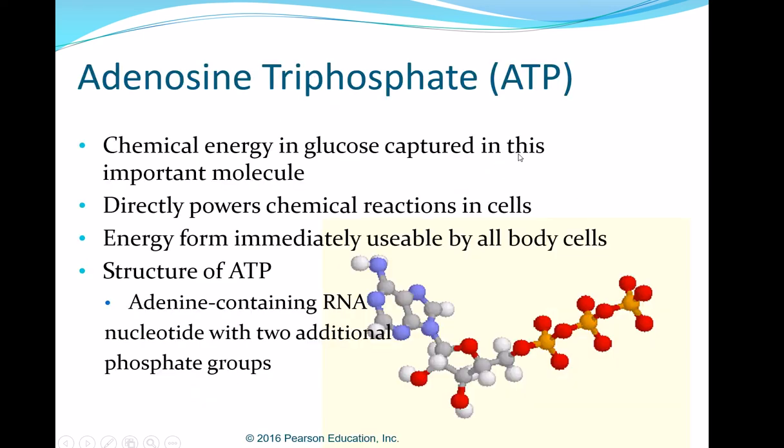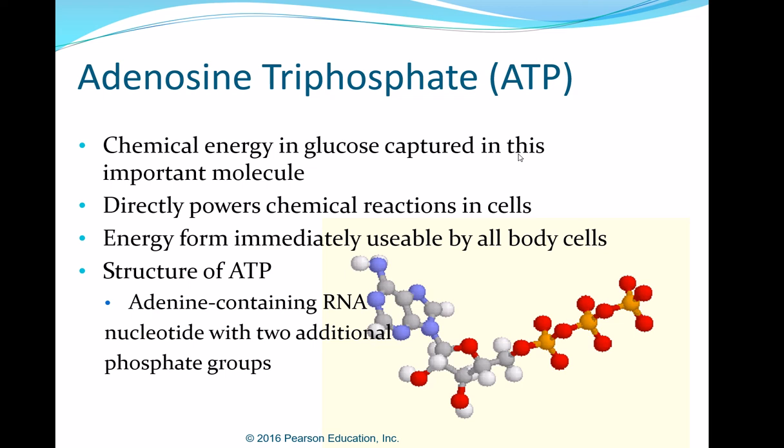The other nucleic acid that we're going to look at is something called ATP, or adenosine triphosphate. And what is incredibly important about ATP is that it is our energy molecule. It is usable by all of the body cells. It directly powers almost all the chemical reactions in our body.